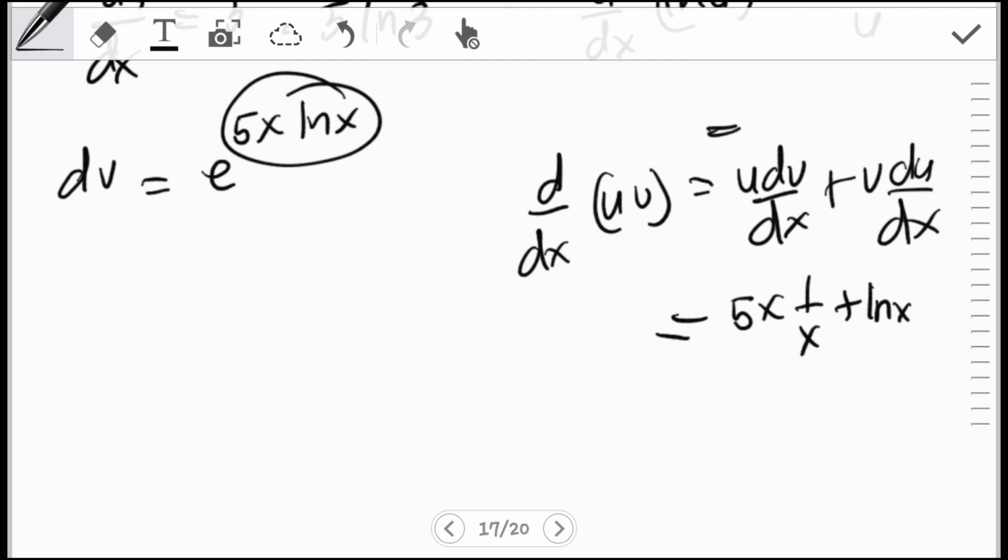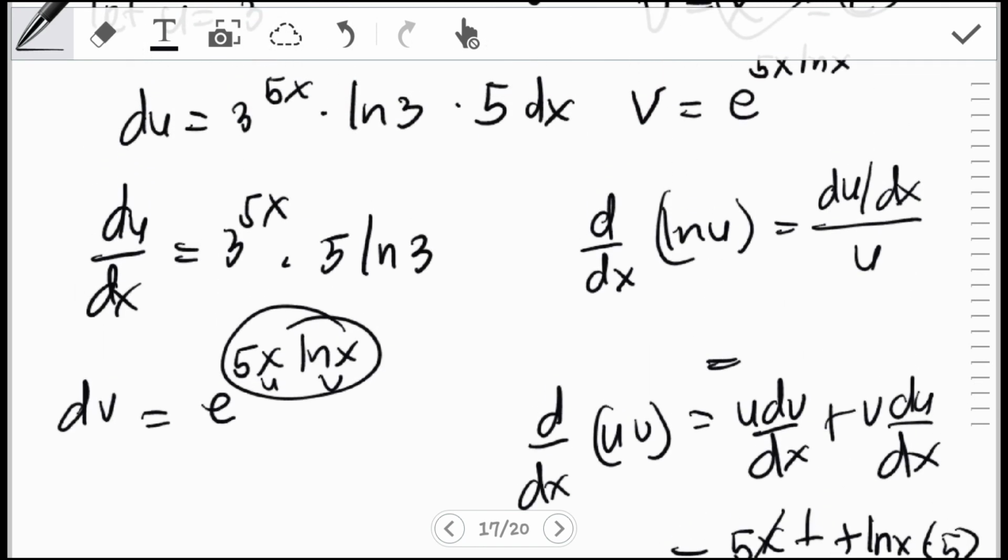Then du over dx is 5. So therefore, that cancels the x, so 5 plus 5 ln x.